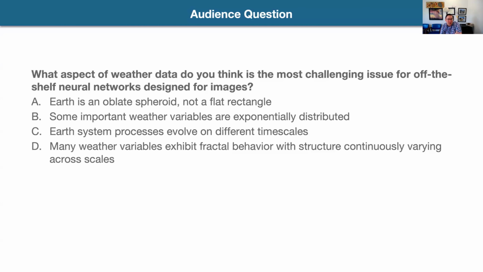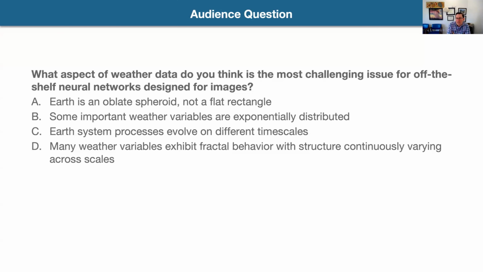A, Earth is an oblate spheroid, not a flat rectangle. B, some important weather variables are exponentially distributed, not Gaussian. C, Earth system processes evolve on different timescales. And D, many weather variables exhibit fractal behavior with structure continuously varying across scales. So of these, which do you think is the biggest challenge that we face if you want to use a neural network?